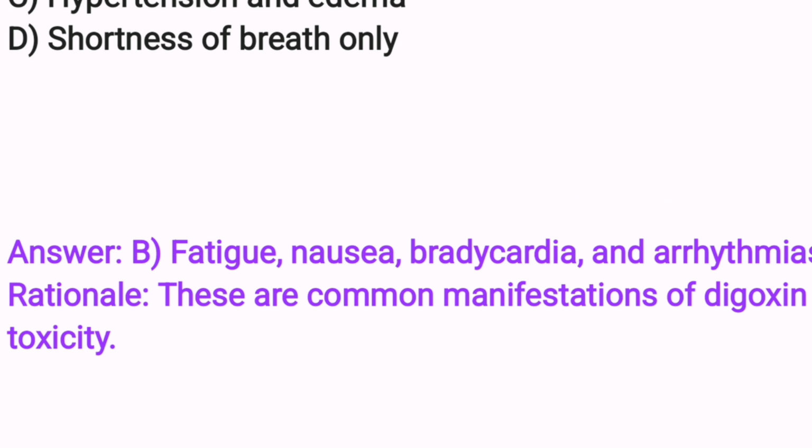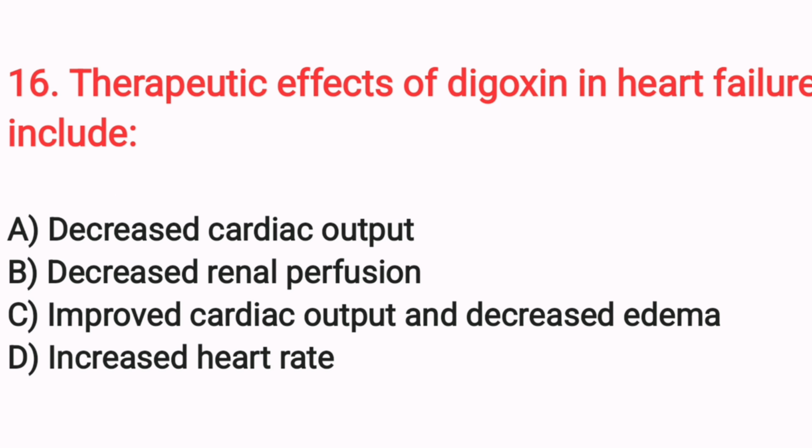Next, therapeutic effects of digoxin in heart failure include option A, decreased cardiac output. Option B, decreased renal perfusion. Option C, improved cardiac output and decreased edema. Option D, increased heart rate.